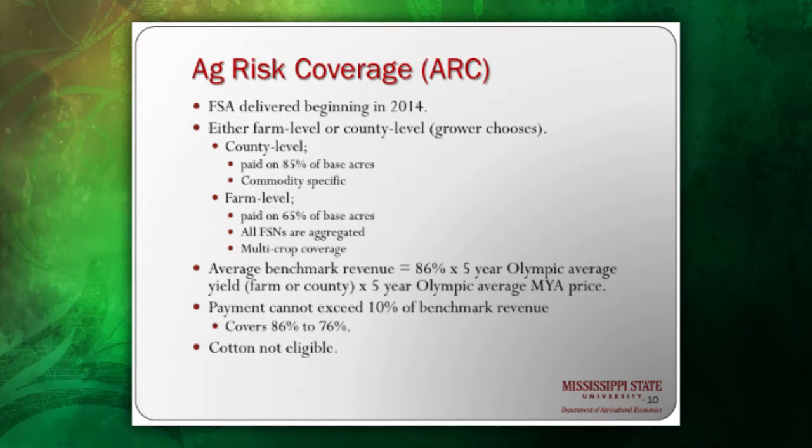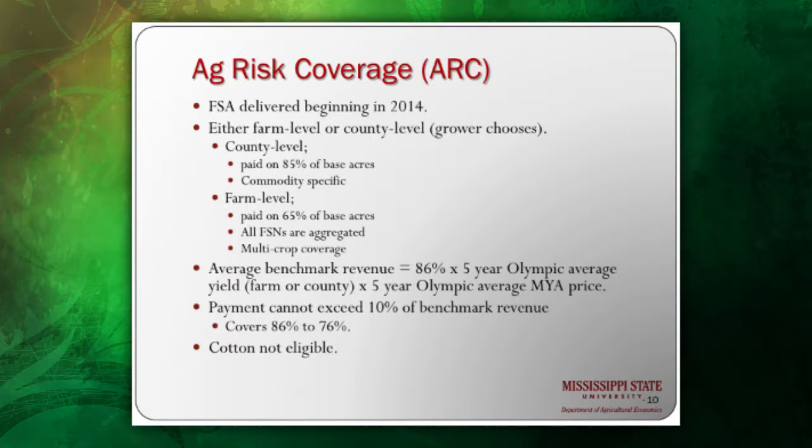This program will begin in 2014. It can either be farm level or county triggered, and as I've mentioned already, if you choose the county triggered option, it will pay on 85% of your base acres, and the farm level version will pay on 65% of your acres. And again, let me remind you that farm level ARC will be based on all of the program crops in the farm.